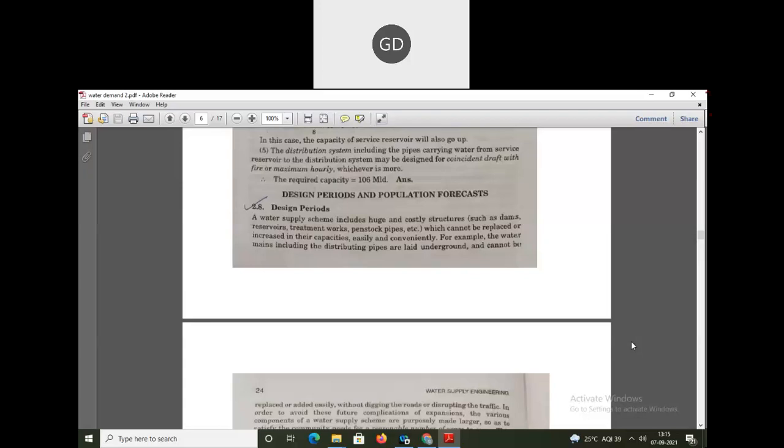So whenever you are going to design a water supply scheme, since it is such a huge project, you cannot change each and every component very easily.